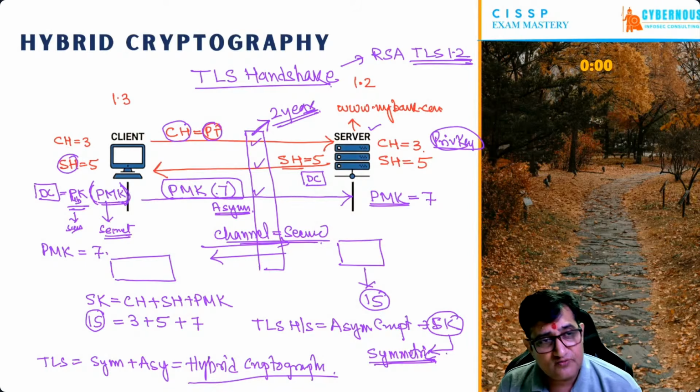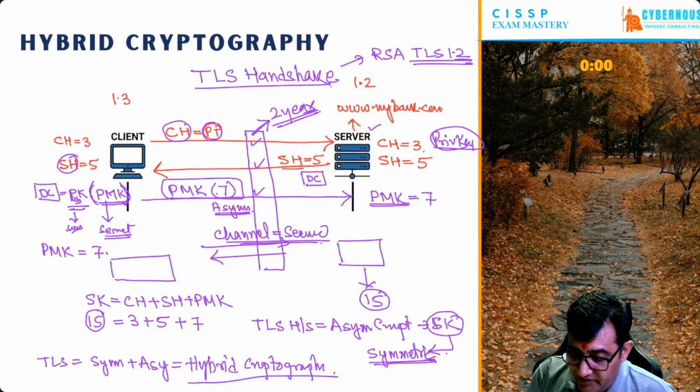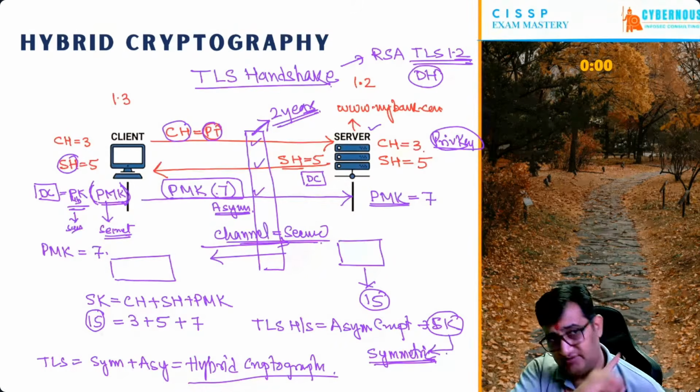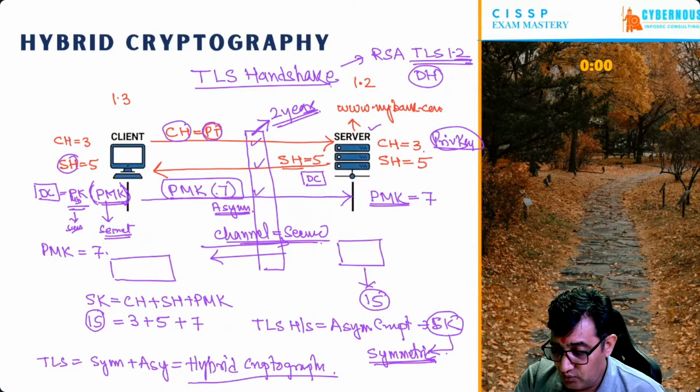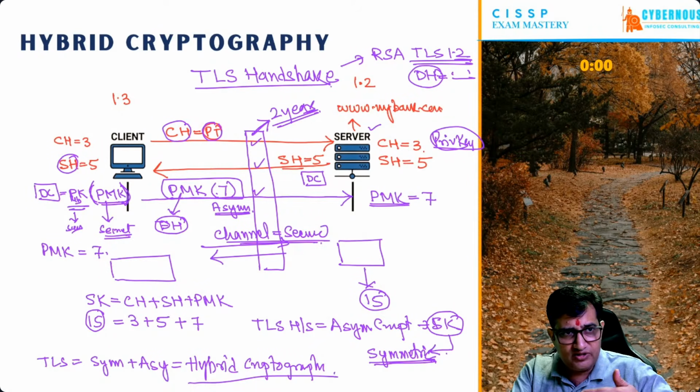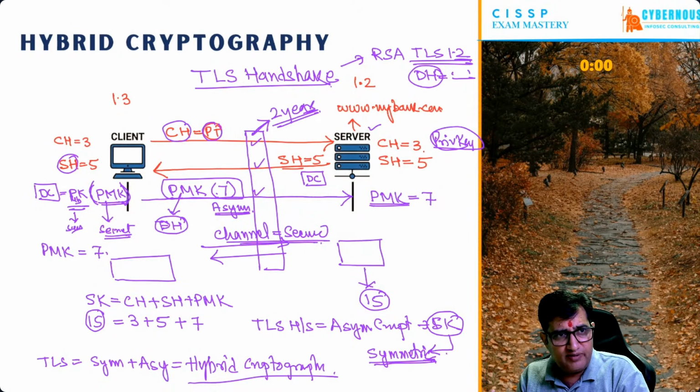In TLS version 1.3, we make use of Diffie-Hellman as well. The same thing which I told you earlier, to actually make this entire communication secure. That means even the PMK is generated using Diffie-Hellman. And in Diffie-Hellman, again, there is an algorithm to confuse somebody. The attacker will not be able to come to know anything, and that is why TLS 1.3 is way more secure than TLS 1.2.